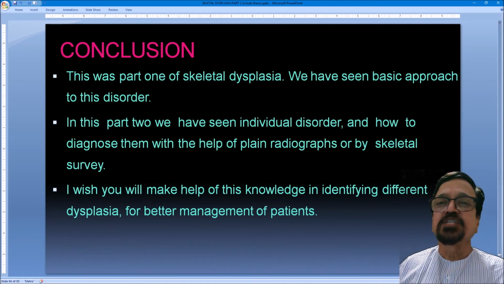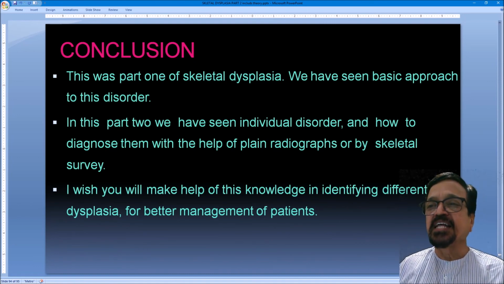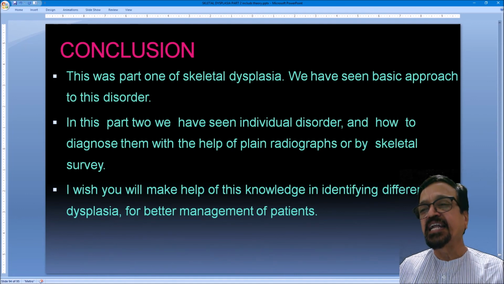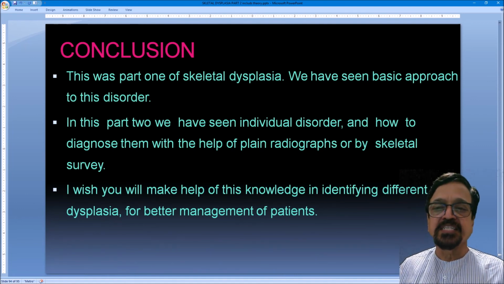Now, this was a part of skeletal dysplasia. We have seen the basic approach to this disorder. In this part 2, we have seen individual disorders and how to diagnose them with the help of plain radiograph or by skeletal survey. I wish you will make use of this knowledge in identifying different dysplasias for better management of the patients.